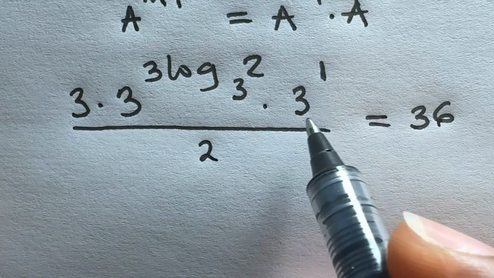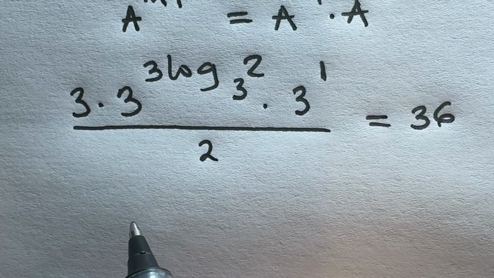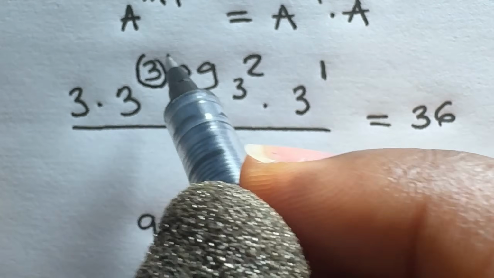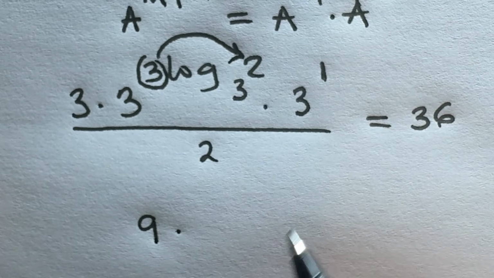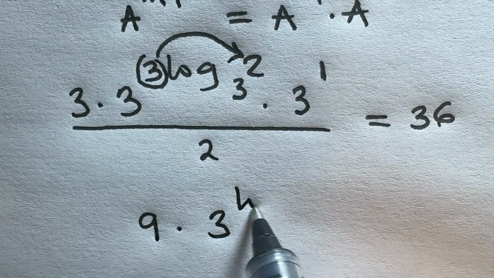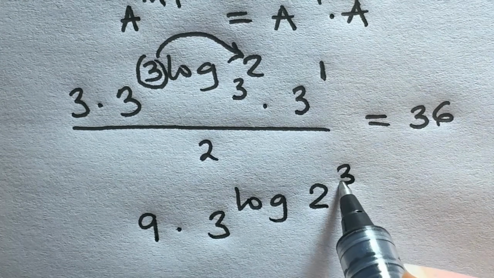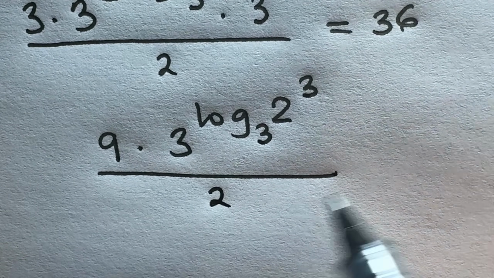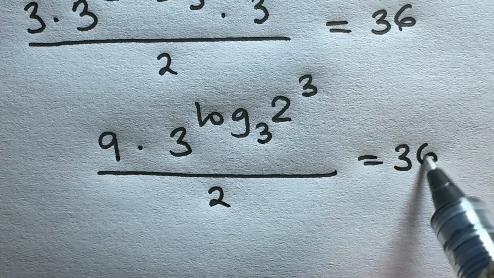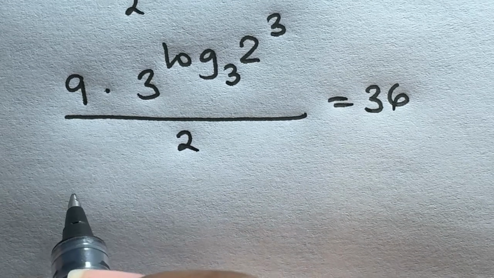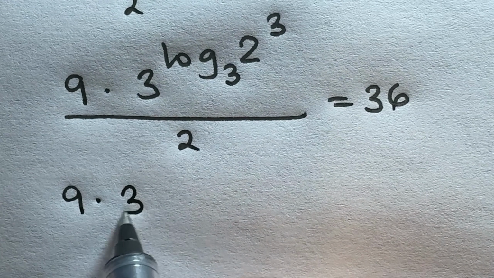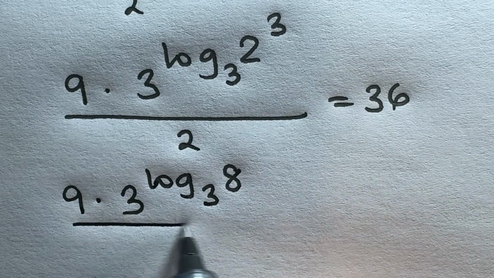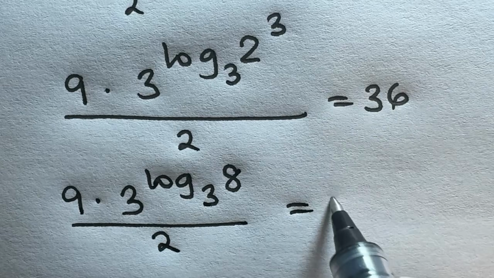So 3 raised to power 1 is 3, so 3 times 3 is 9. I have 9 here. Then I'm going to take this all the way here by the law of logarithm. So I have 3 raised to power log 2 raised to power 3 base 3, then divided by 2 to give us 36. This will give us 9 times 3 raised to power log 2 raised to power 3, which is 8, base 3, divided by 2 is equal to 36.